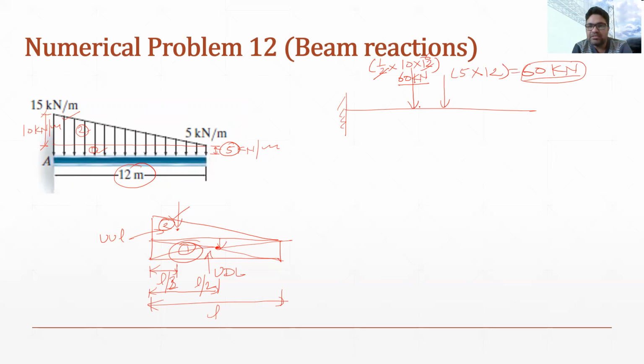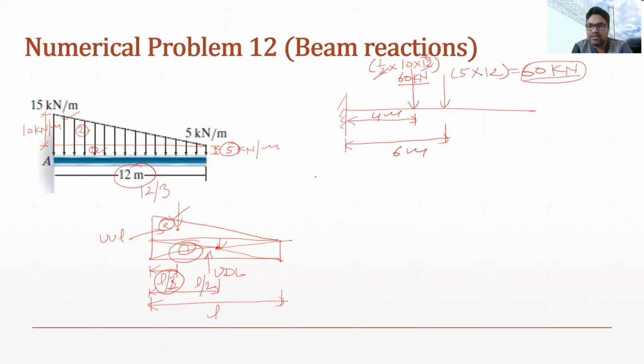Now this becomes a very simple problem. There are 2 point loads acting. One is acting at the center of the length, which is 6 meter, and the second is acting at L by 3, which is 12 by 3, so this becomes 4 meter.